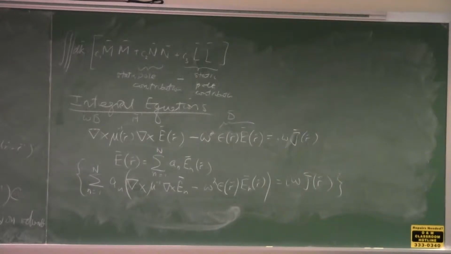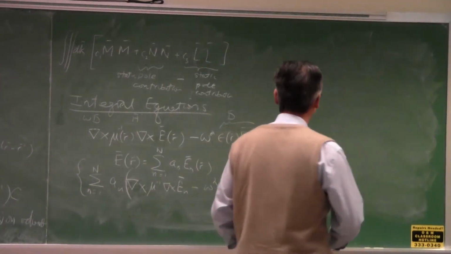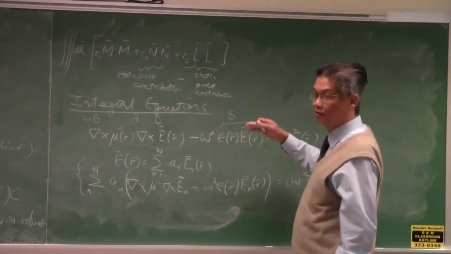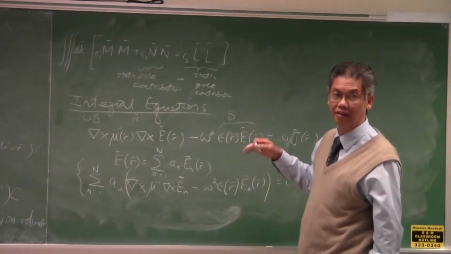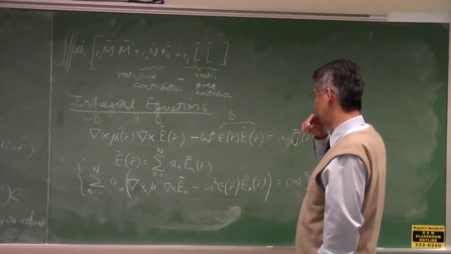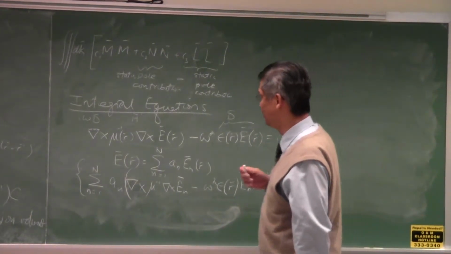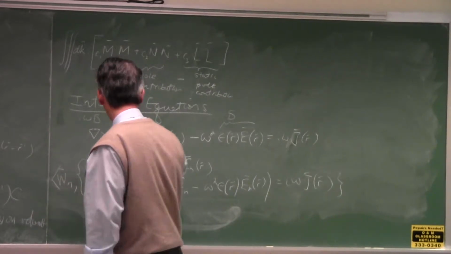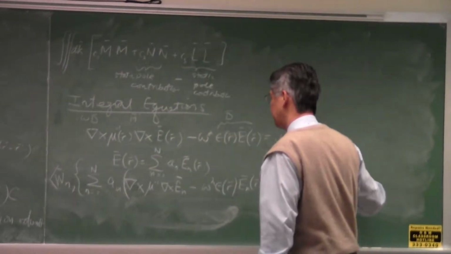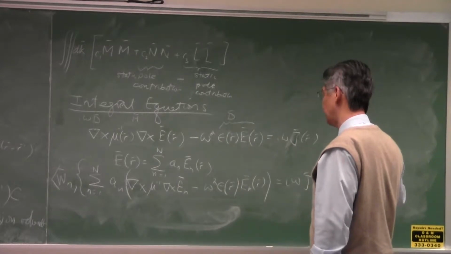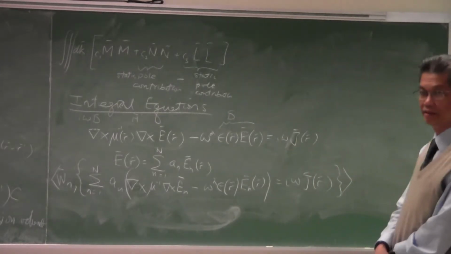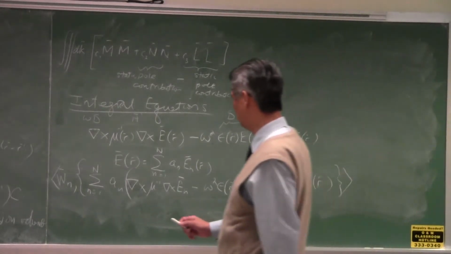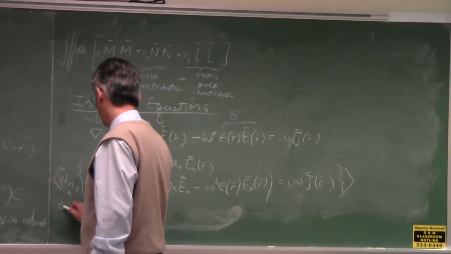So if you have a divergence conforming field, you have to test it with what kind of functions? Curl conforming, right? You have to test with curl conforming functions. So you design some testing functions that are curl conforming, that the curl exists, and then try to test this equation that way. Okay, W n has to be curl conforming.